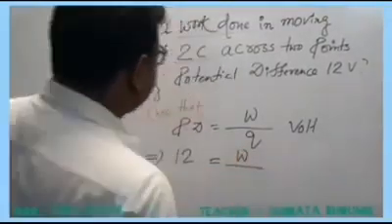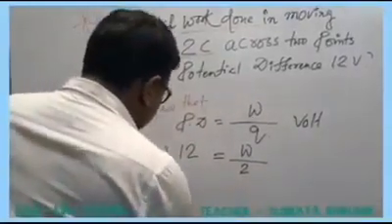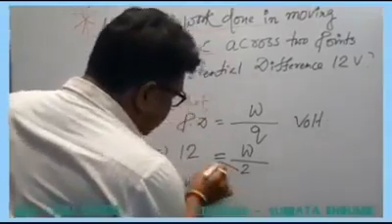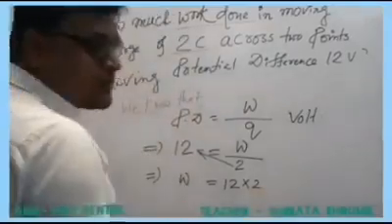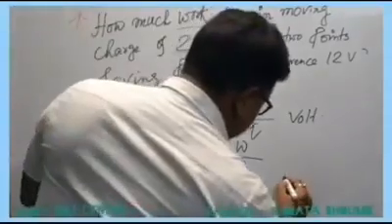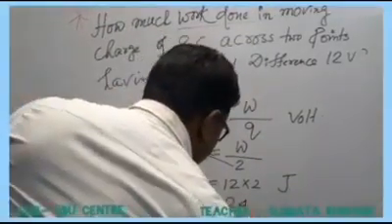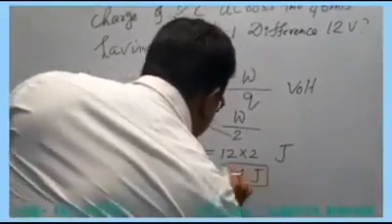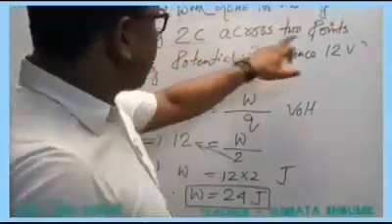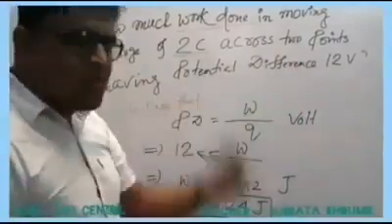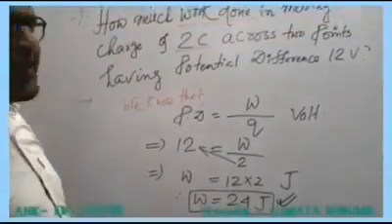Work done W we have to find out, and the charge is given. So W is equal to, cross multiplying both sides, 12 multiplied by 2. What is the unit of work? That is joule. So W equals 24. So 24 joule of work is done in moving a charge of 2 coulomb across 2 points having a potential difference of 12 volt. Is it clear, everyone? Maths is very simple. Is it clear?